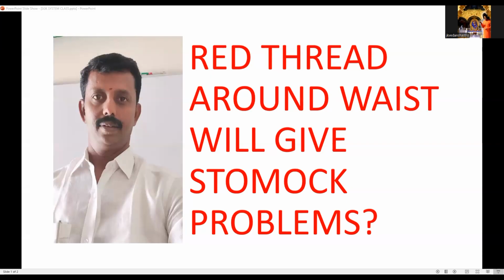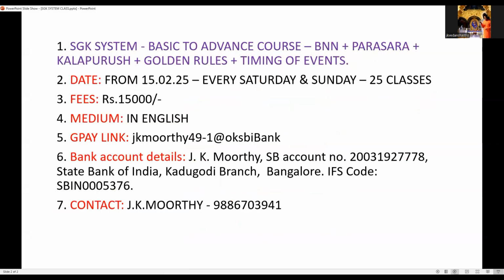In the SGK system, BNN, Bhavas, that is Parasara, and Placidus, and Dasha, Bhukthi, Gochara for timing of events. He has very well explained this in this video with examples.